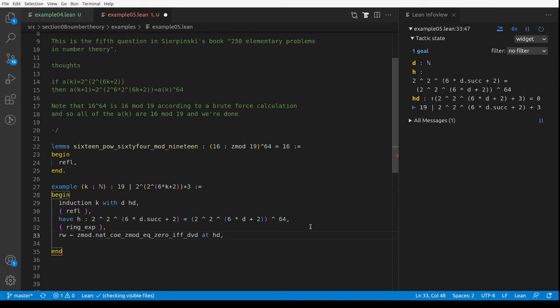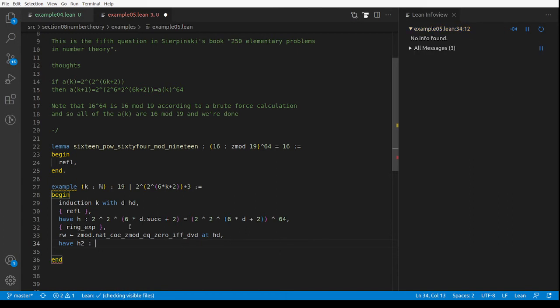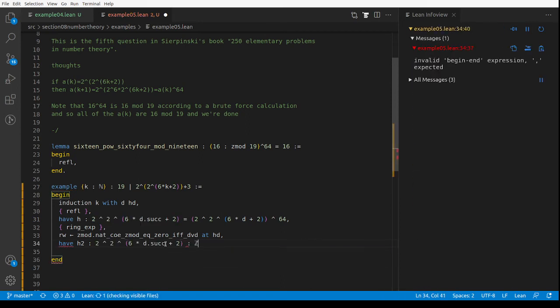So, do you know what? Maybe that's the H2. I want this thing here, that natural number there. I want you to compute this in the natural numbers, please, Lean, because that's where we're working.